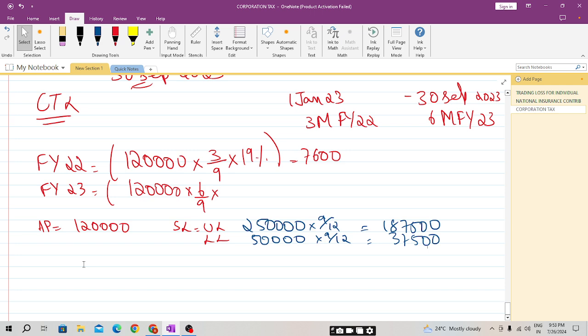The marginal relief formula is, students, upper limit minus augmented profit, into 3 by 200, into TTP divided by augmented profit.